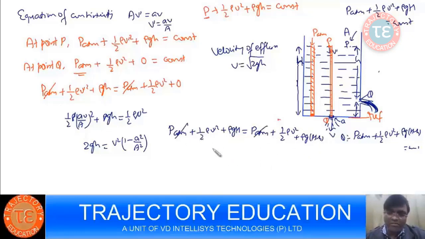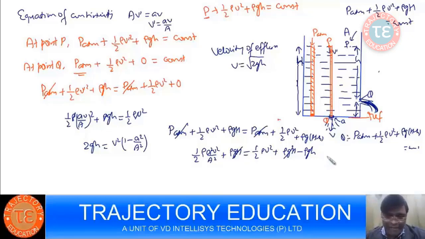So this will cancel out, and I'll write this as rho g h, and this will cancel out.